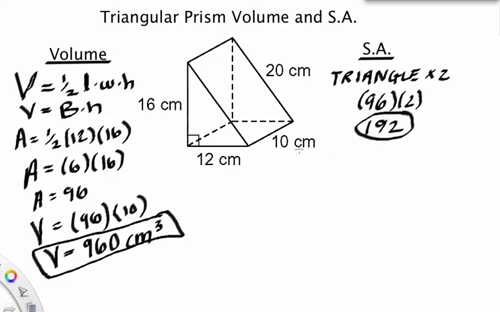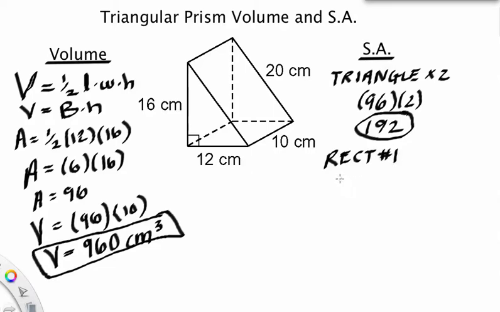Now it's on to the 3 rectangles that make up this triangular prism. I'm going to start with the bottom. I'm going to call that rectangle number 1.